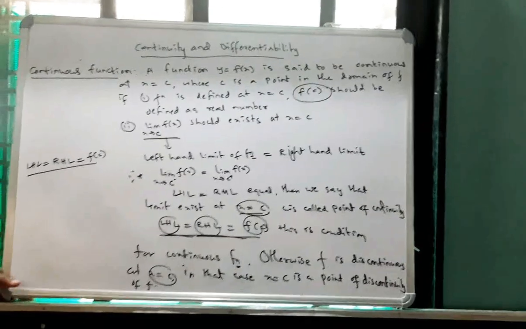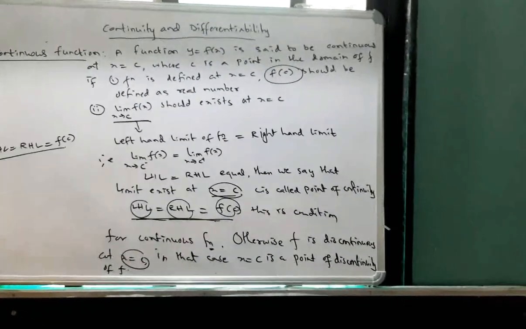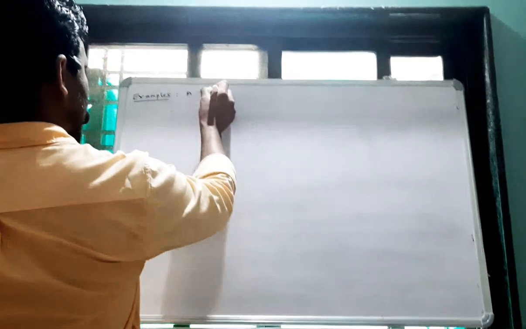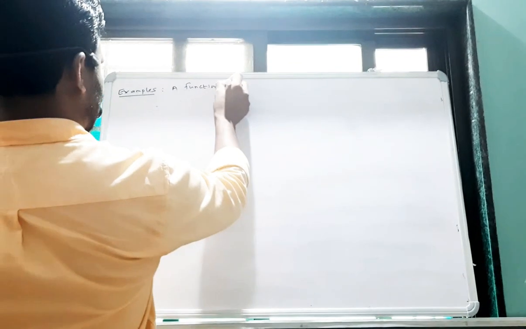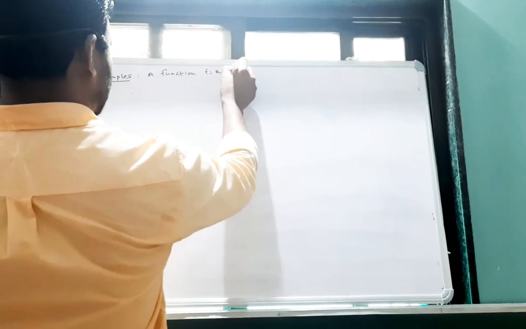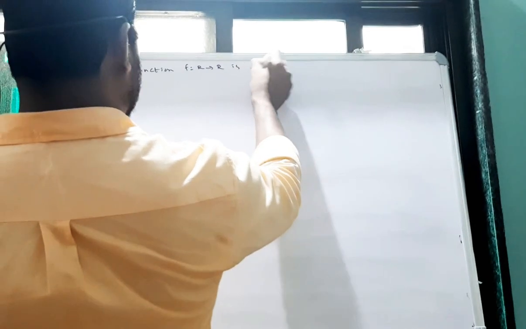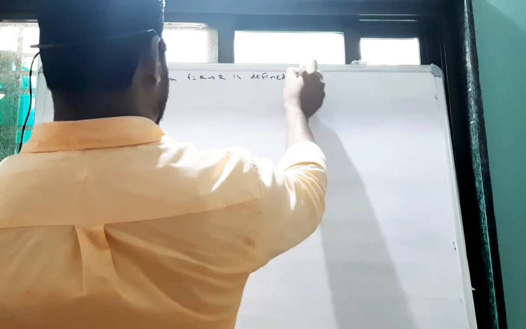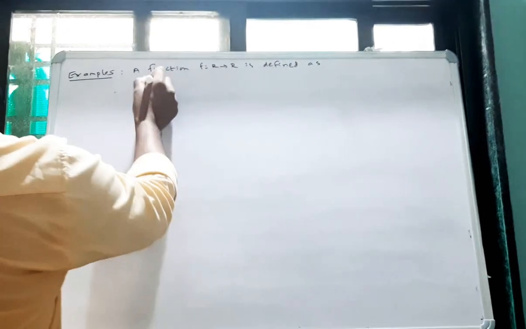Now we see some examples on the continuous function. A function f mapping R to R is defined as f of x equal to 2x plus 3.